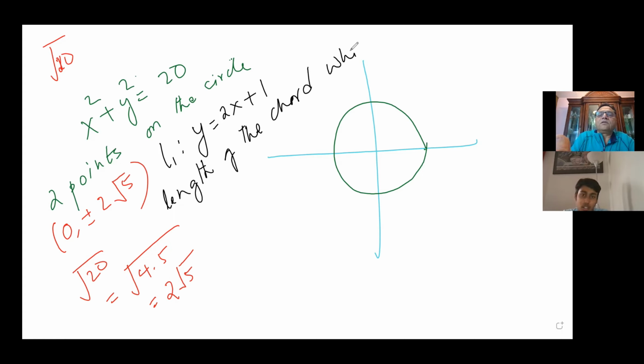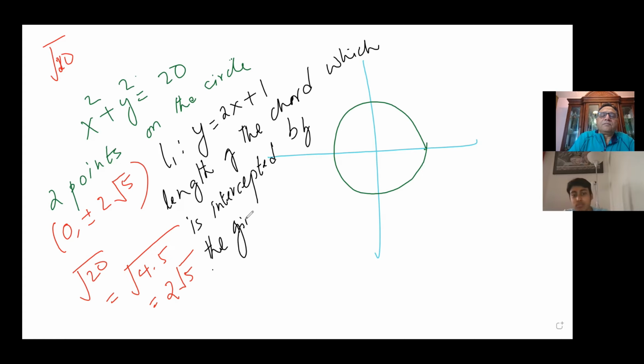The chord is intercepted by the given line. You understand the question? There's an equation given and I need to use it to find the intercepted line.